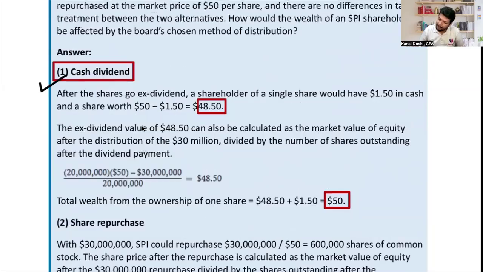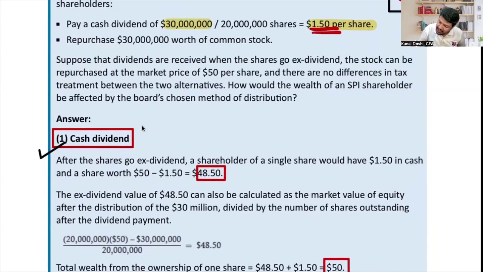But the second option is to repurchase 30 million worth of common stock. Now, for repurchasing, we need to understand whether they are borrowing or not. Suppose the dividends are received when the shares go ex-dividend, the stock can be repurchased at the same market price of 50, and there is no tax treatment, no difference. So they are not going to use any borrowing.